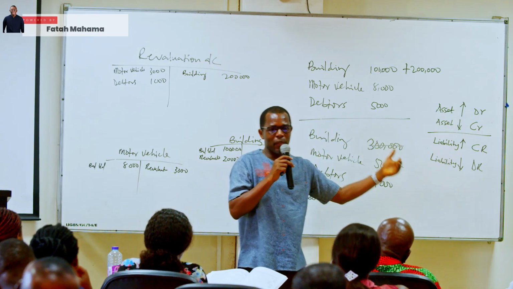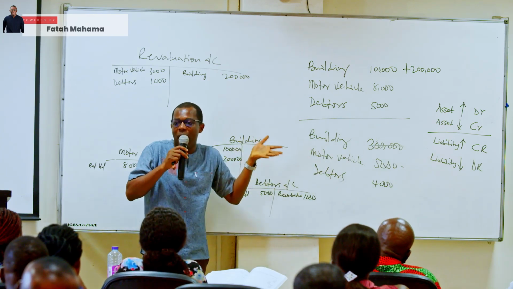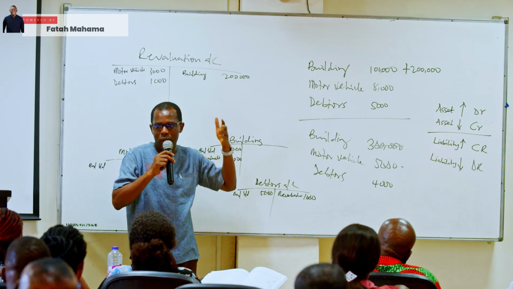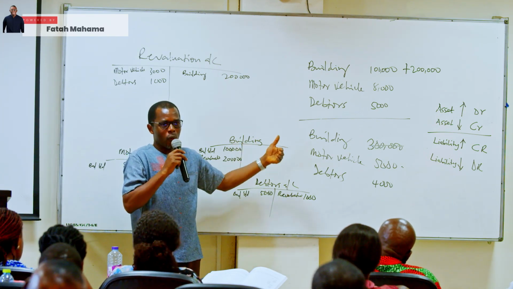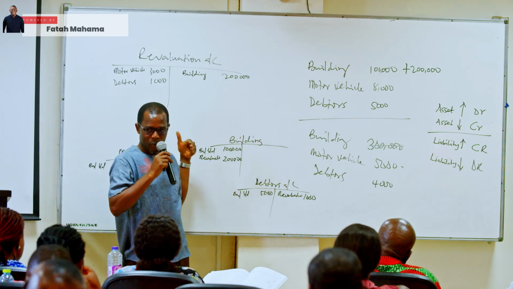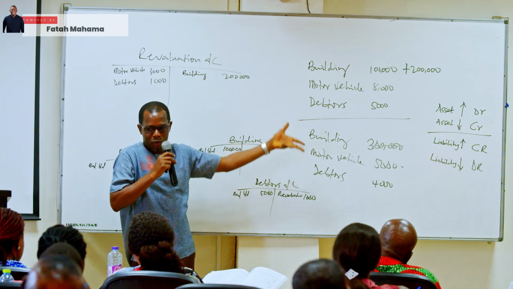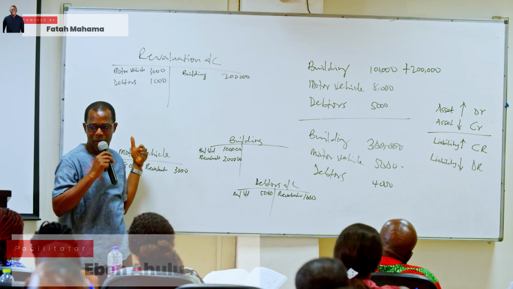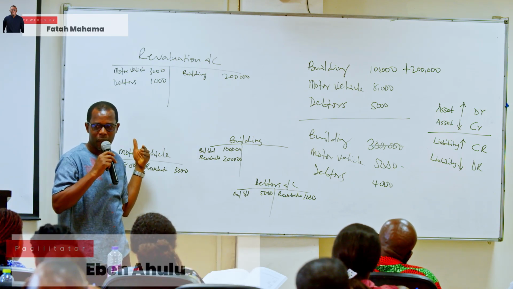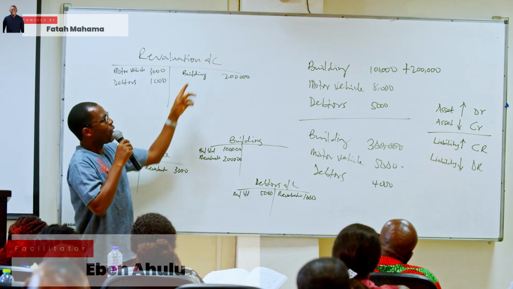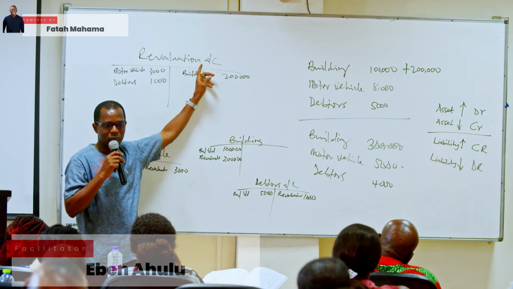So when you debit goodwill, goodwill is an asset, and all assets are without exception debit. Goodwill to start with was 0 and it's moving from 0 to 40. We must add 40 to it, so we must pass a debit. Are we together? The corresponding entry here is the revaluation account.